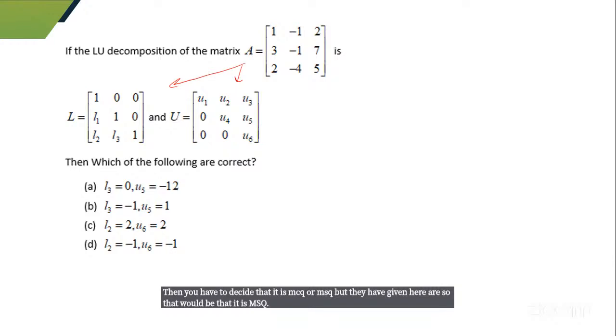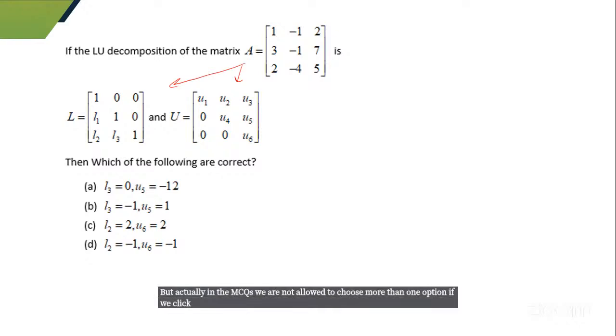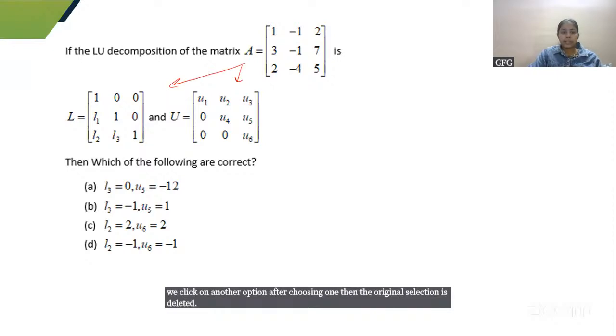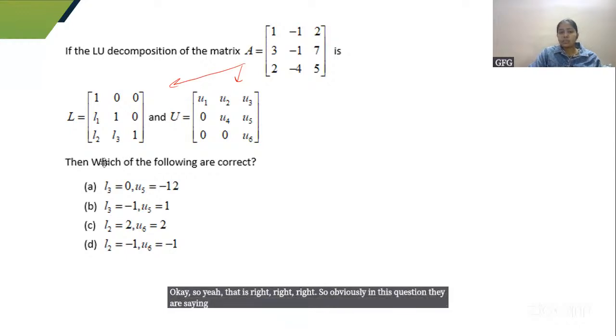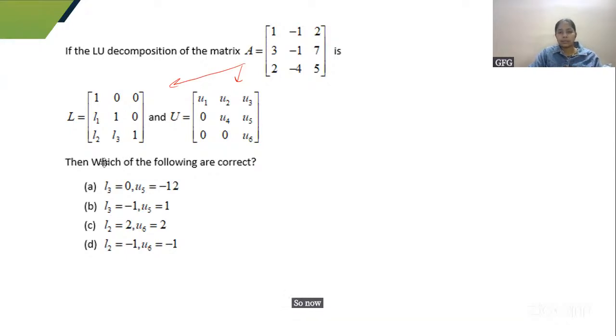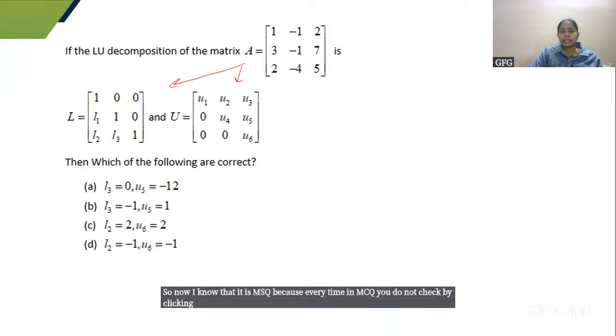But actually, in MCQs, we are not allowed to choose more than one option. If we click on another option after choosing one, then the original selection is deleted. Okay, so yeah, that is right. So obviously, in this question, they are saying which of the following are correct. So now I know that it is MSQ, because every time in MCQ you do not check by clicking another option whether it is MCQ or MSQ.